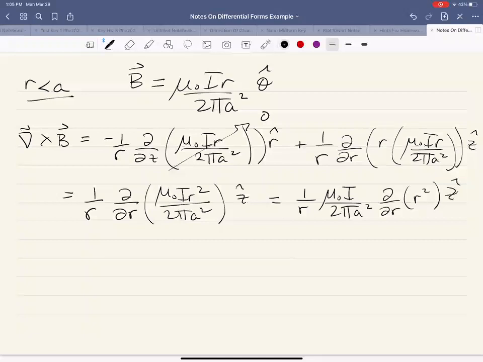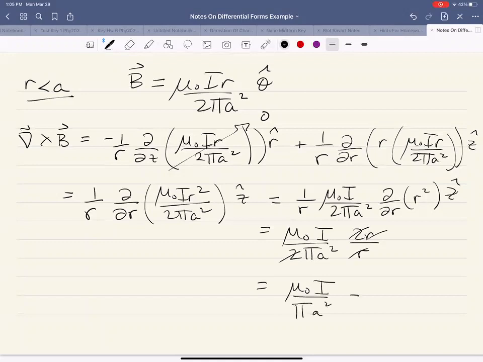Well, the derivative of r squared is 2r, and I'm going to cancel that out with the 1 upon r out front. So I also have mu naught I over 2 pi a squared times 2r over r, right? So the r's cancel, and that 2 cancels. So I end up with mu naught I over pi a squared.